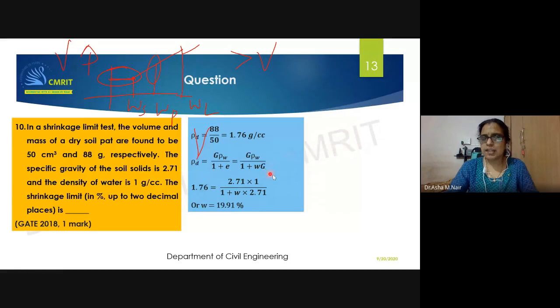You are just asked to find the value for w. You are given rho D, you are given G, you know rho W, and you just have to find w. So the answer is 19.91.